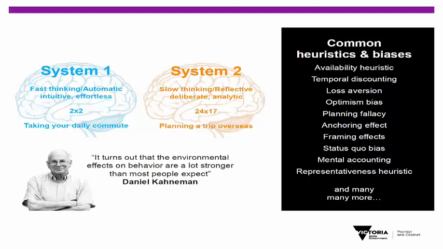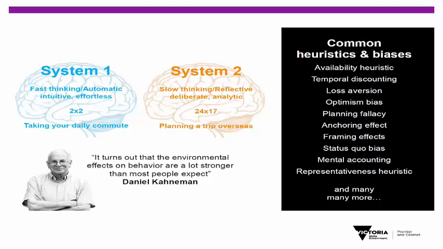In fact, there's a strong correlation actually between confirmation bias, which is the tendency to look for evidence that will confirm your existing beliefs, and high IQ. So just because you're smart doesn't mean that you can get away from some of these biases.